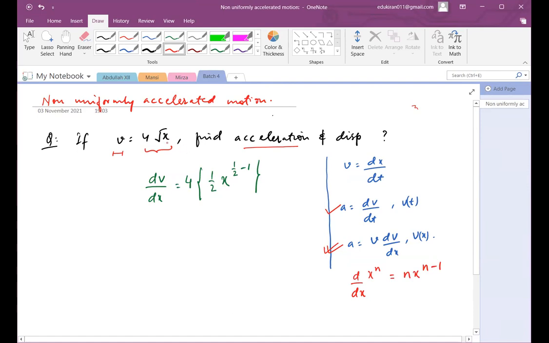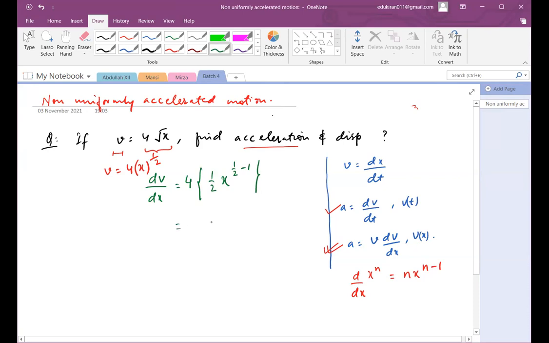Similarly, here you may write this velocity as 4 times x to the power half for this square root. On differentiating, 4 will be taken as a coefficient, so take it outside. Here x raised to n has n as half. Using this formula, it will be n x to the power n minus 1.